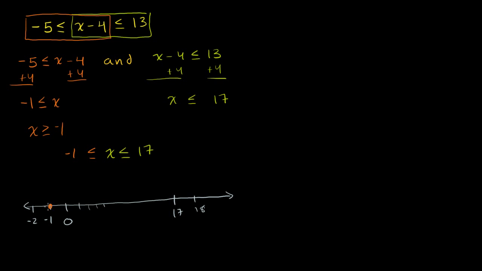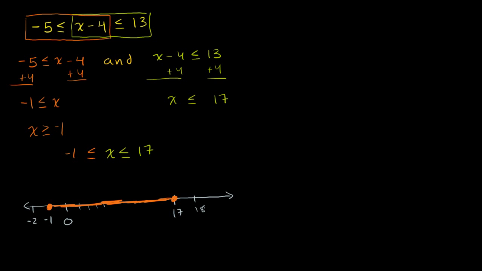So we would start at -1. We're going to circle it in because we have a greater than or equal to. And then x is greater than that. But it has to be less than or equal to 17. So it could be equal to 17 or less than 17. So this right here is the solution set, everything that I've shaded in orange.